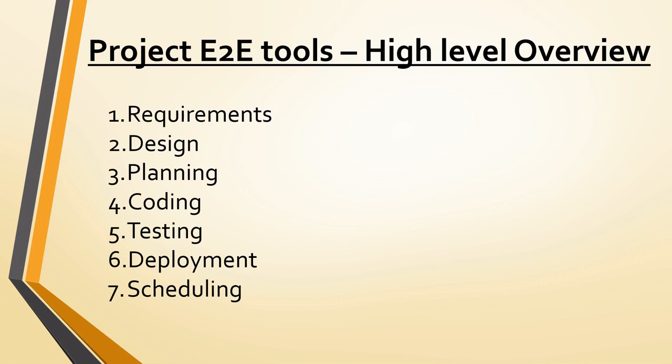And if your project is running in the Agile model, then a Jira board is used for handling all these requirements. For each requirement, something called a story will be created in the Jira board.